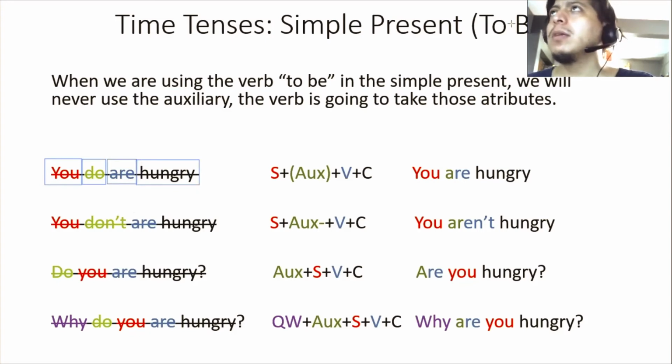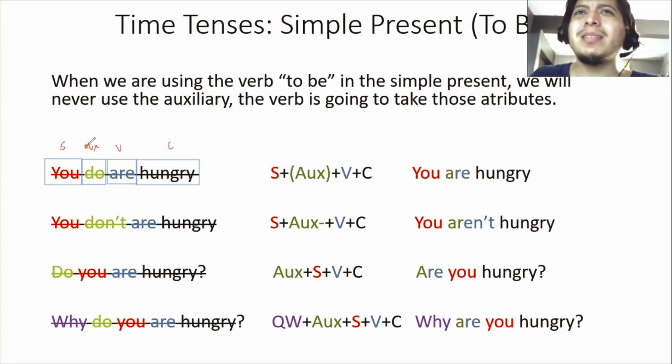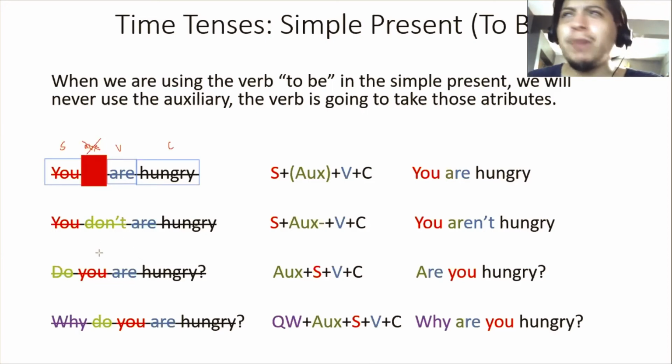Normally, in the simple present, again, we have subject, auxiliary, verb, and complement. But remember that the simple present never uses the auxiliary. We normally never ever do that. So, okay, we don't have the auxiliary. You are hungry. That's perfect.